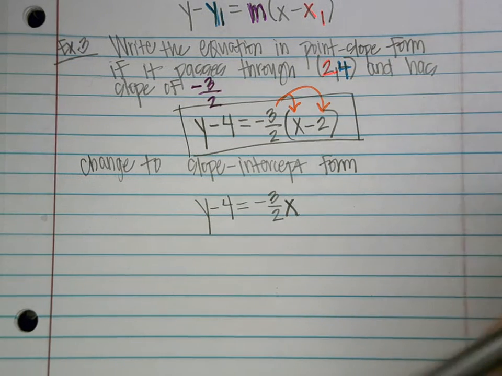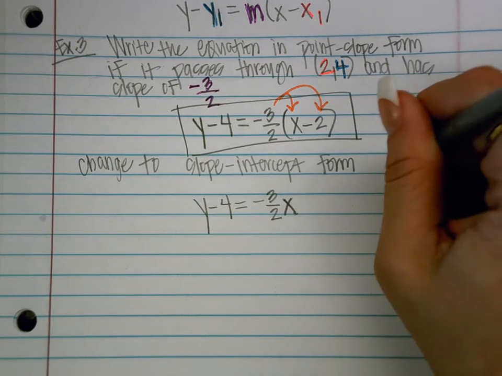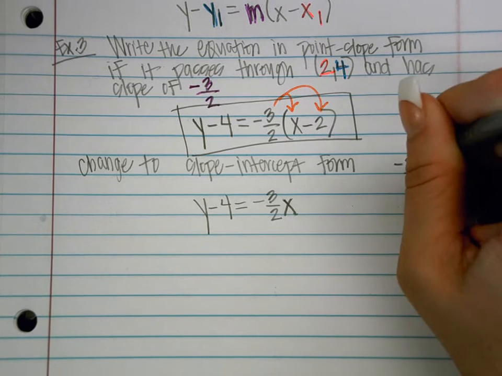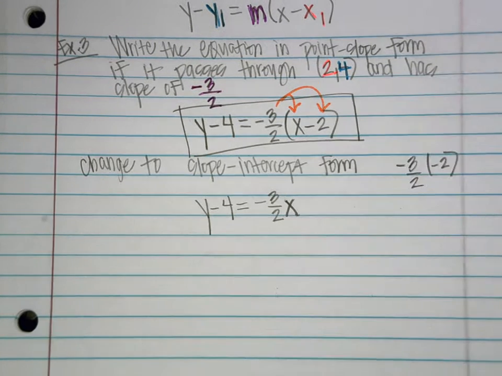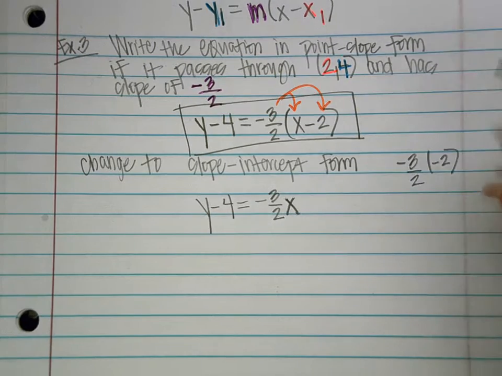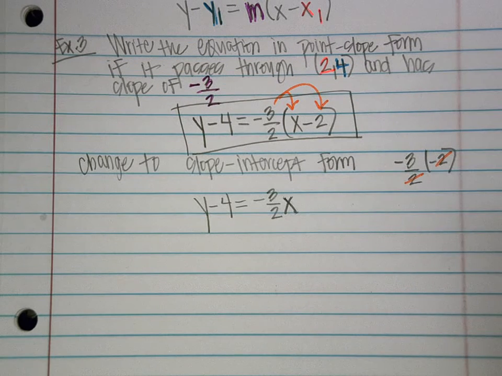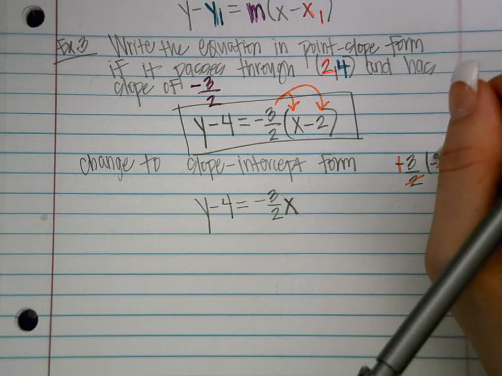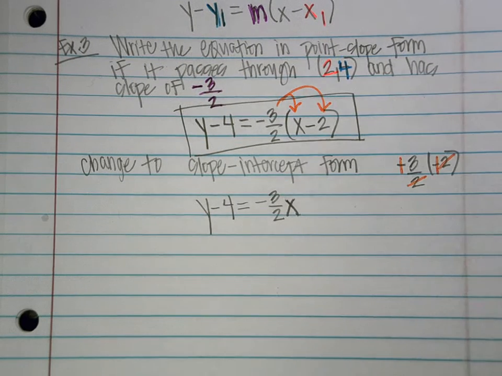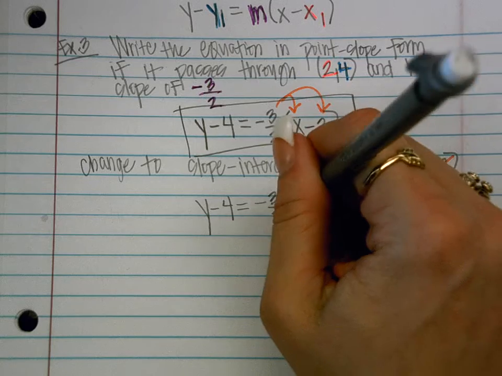You might want to do it on the side of your paper if you need to. Negative 3 over 2 times negative 2. What happens? The 2's go away, right? And what happens with the negatives? Double negatives turn to positive. So this actually becomes what? Plus 3.